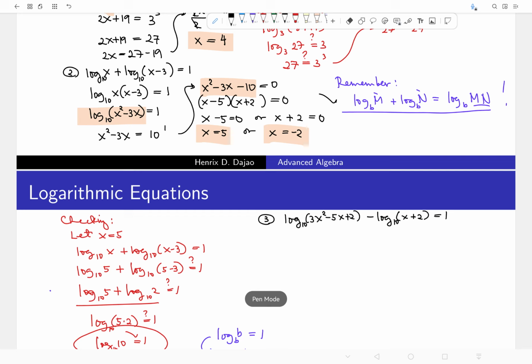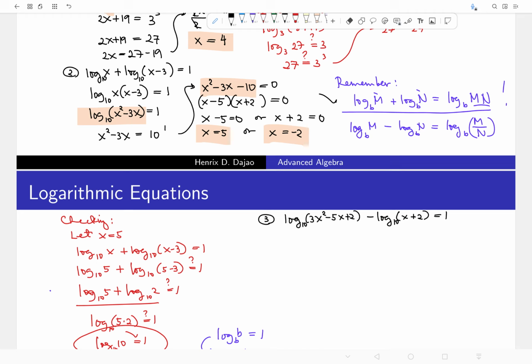So can you still remember the property? Remember, we will apply this property, logarithm of m with base b minus logarithm of n with base b, that's equal to logarithm base b of m over n. So we will apply that one.